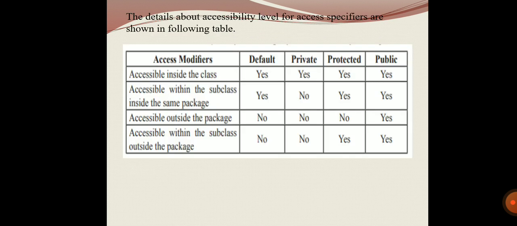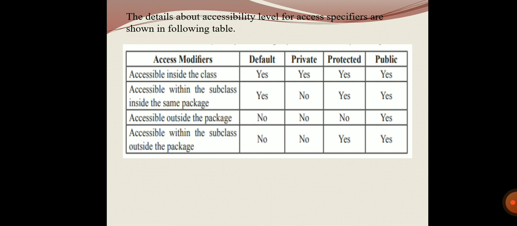the public. Next is the access modifier. Accessibility level is shown in this table. It is accessible inside the class if it is declared with any type of access specifier. It is accessible inside the subclass and inside the same package, but private does not support this access.